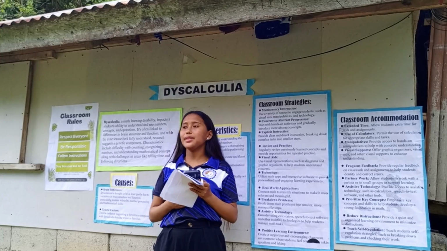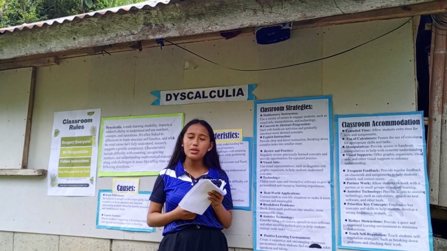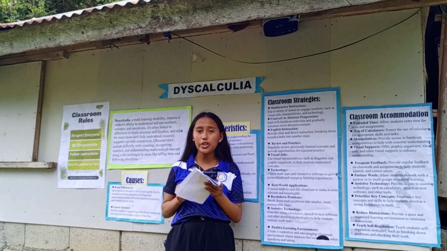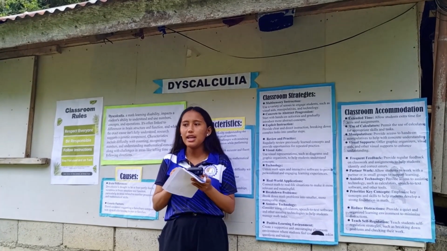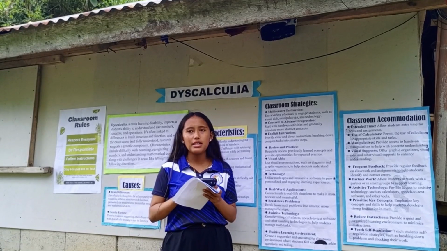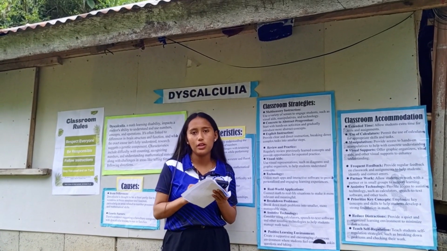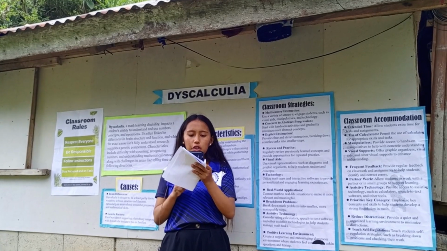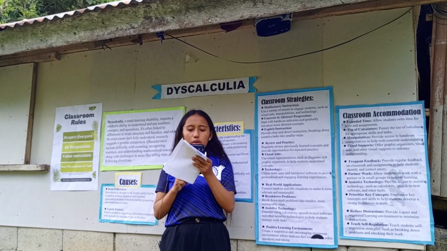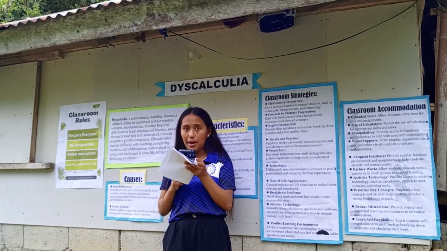Okay, class. So now, please get 1/4 sheet of paper and answer the following questions that I read. Okay? Did you already get a paper? Okay, so listen carefully because I will read the questions only once. So first question is, why do some people have difficulty understanding basic math concepts?